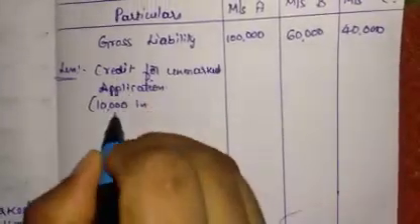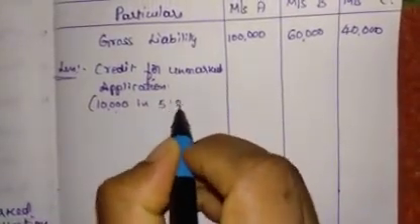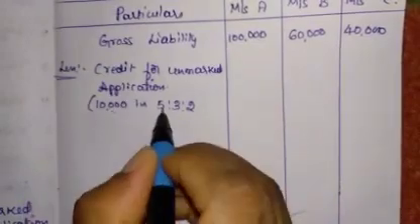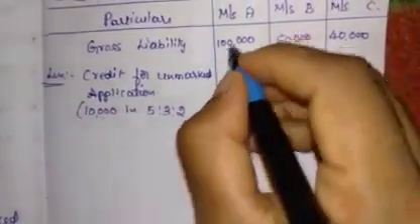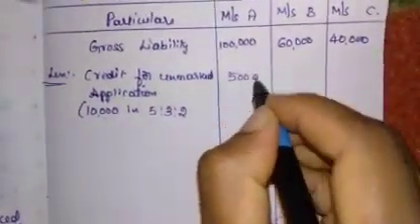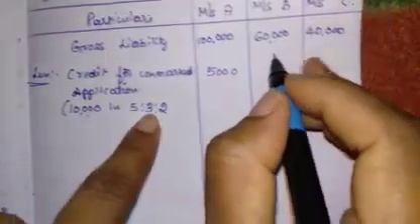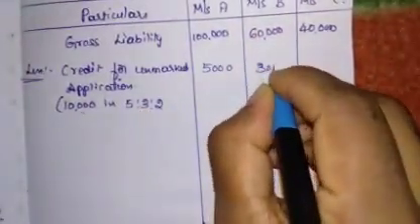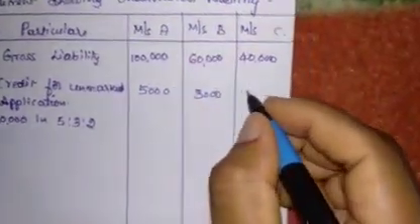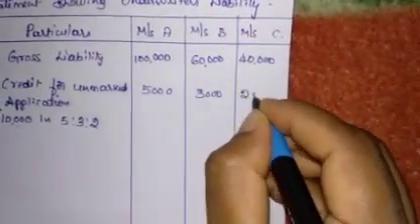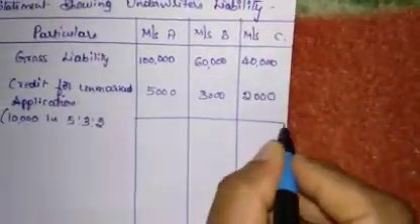So 10,000 we have to share in 5:3:2. 10,000 into 5 by 10, it is 5,000. 10,000 into 3 by 10, 3,000. And 10,000 into 2 by 10, that is 2,000. So deduct this.